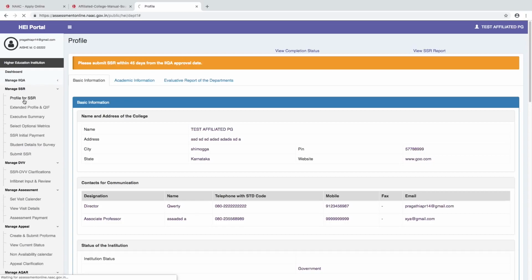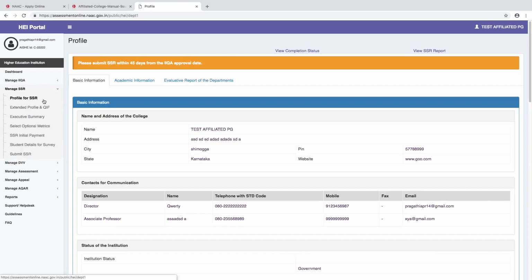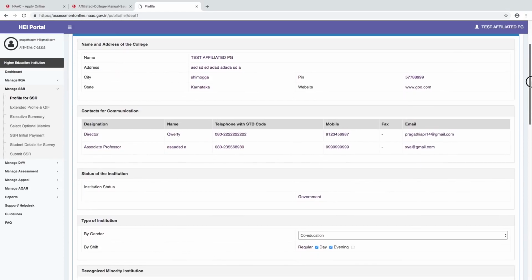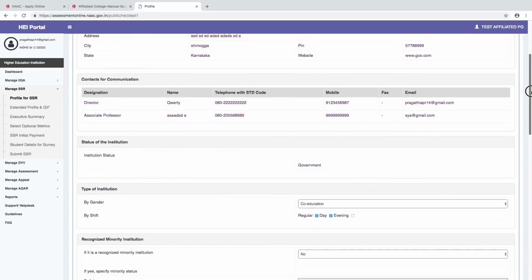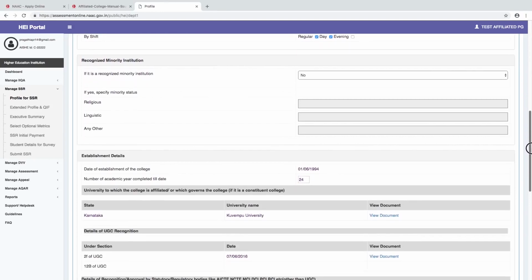Now, starting with the profile of the SSR, it has 3 subsections: basic information, academic information, and evaluative report of the department. Most of the basic information sought here is auto-populated from your IIQA.